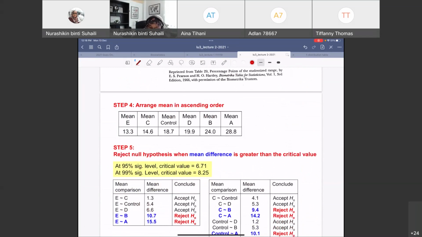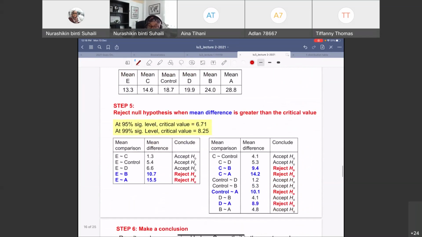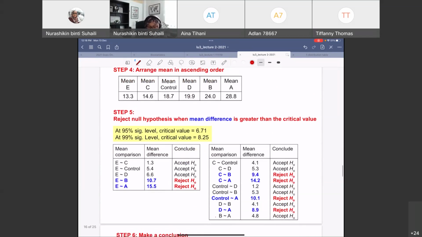here, remember all the possible pairs A and B. This one is because it is designed in ascending order, E, control, ED. That's why you have this order.